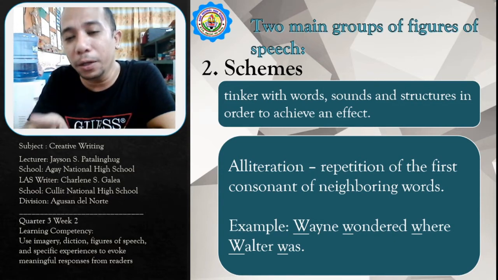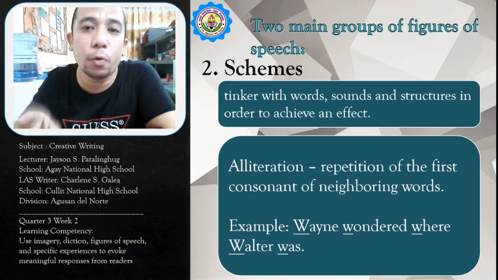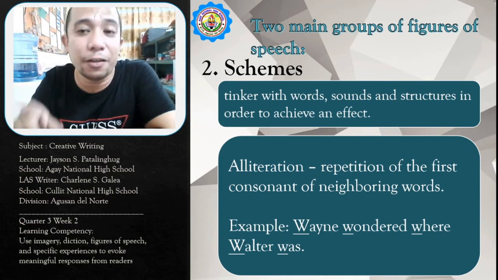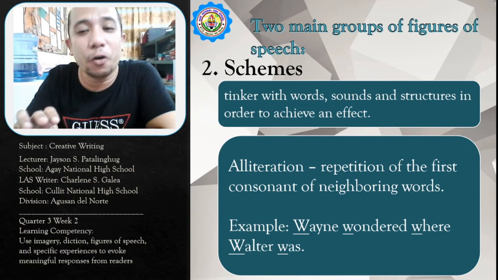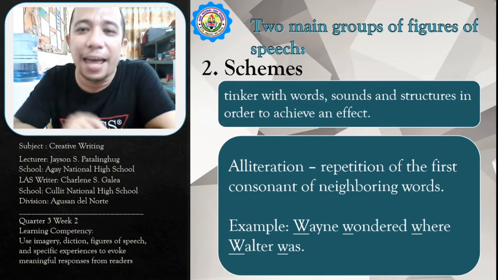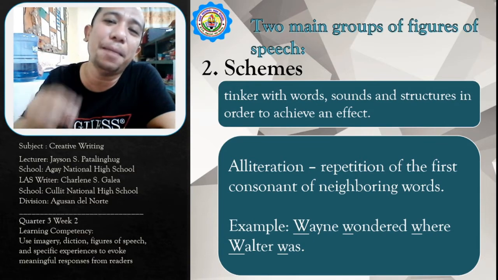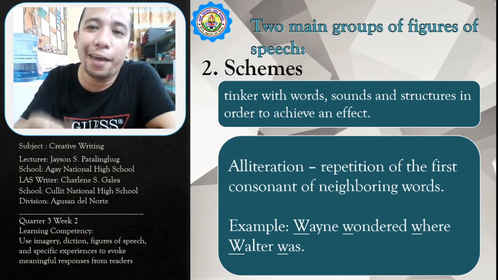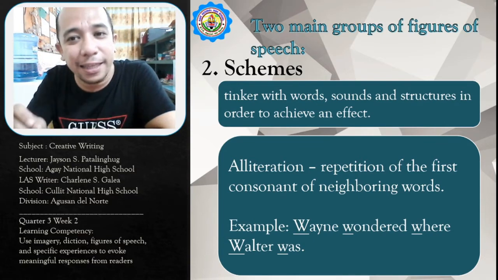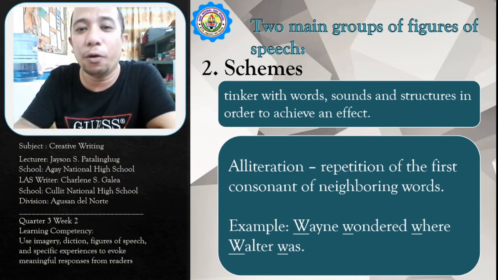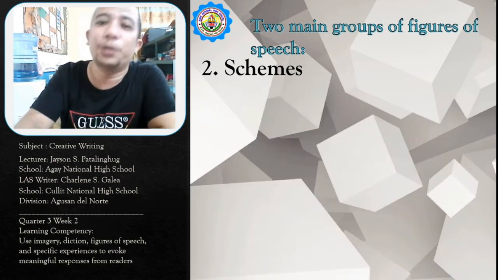Since W is repeated in the first letter of every word, that's why it's called alliteration. Again, alliteration is when you repeatedly use the same letter in every word in your sentence or line. That is what you call alliteration.